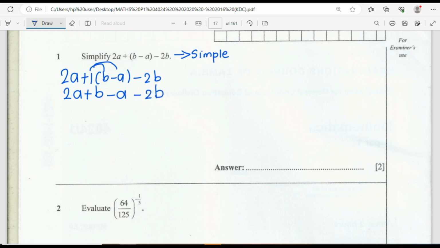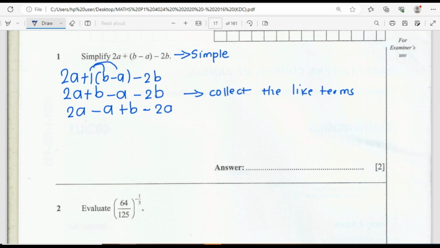So this is our picture. Then upon reaching here, we can now collect the like terms. So the like terms here we have 2a, then minus a plus b minus 2b.